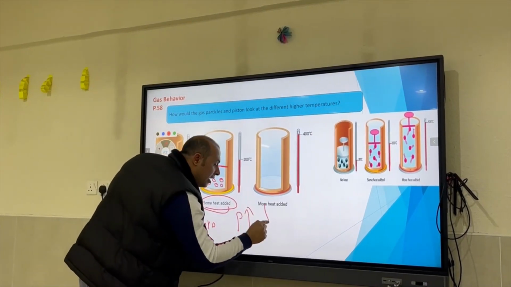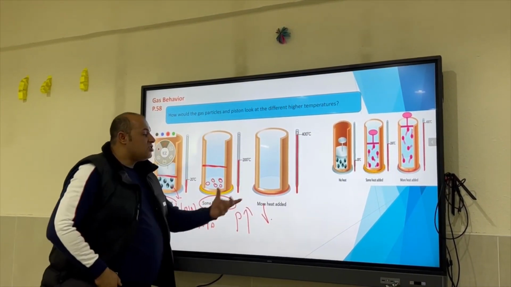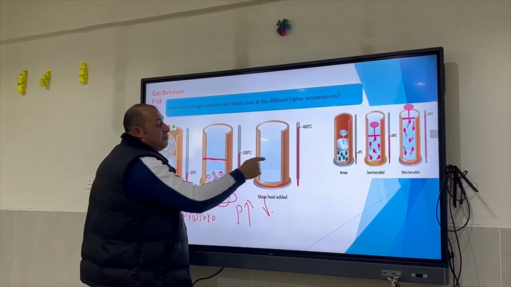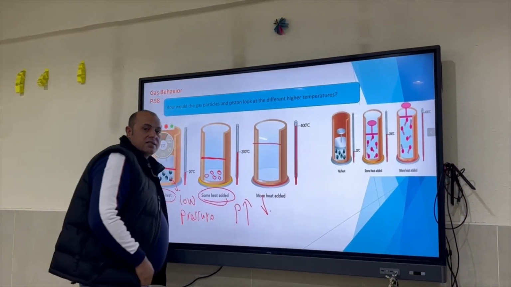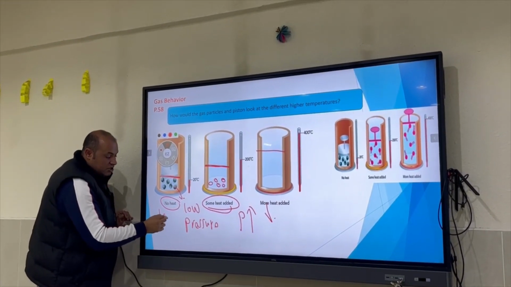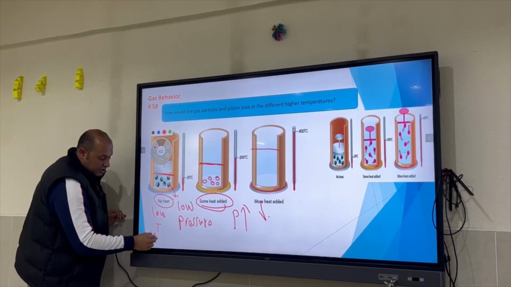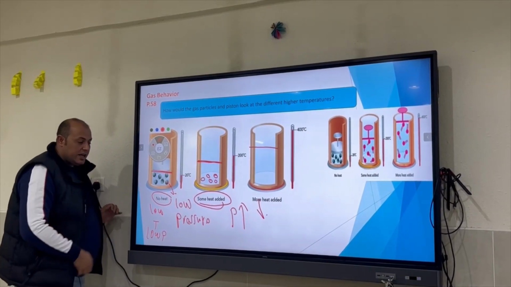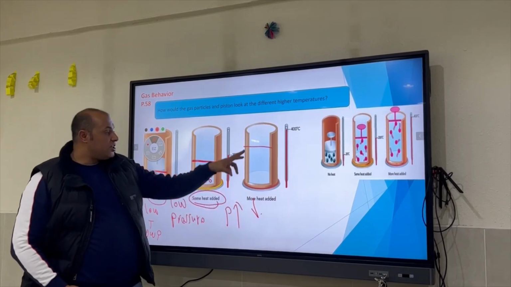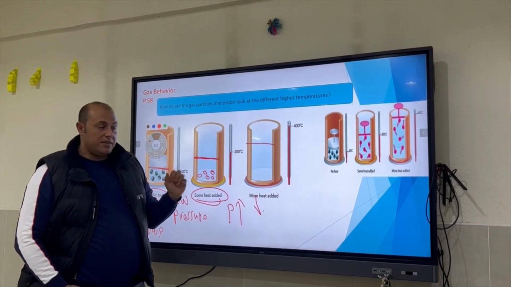If you add more heat, this means more pressure, and the more pressure will push the piston up. So look here: low temperature, low pressure; moderate temperature, moderate pressure; high temperature, high pressure.